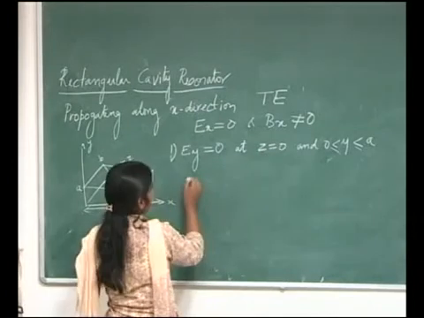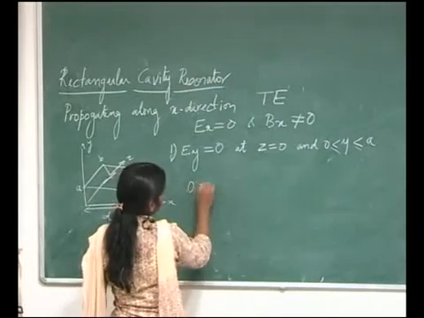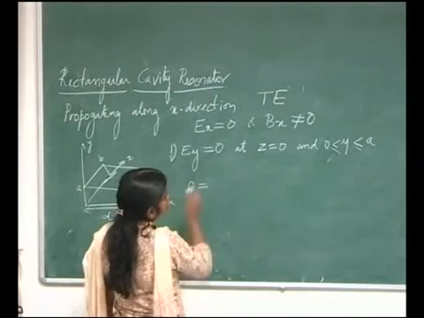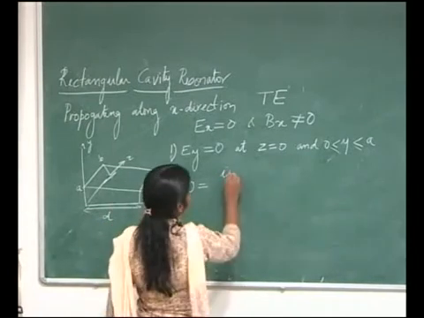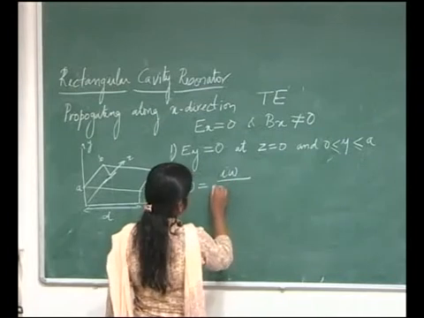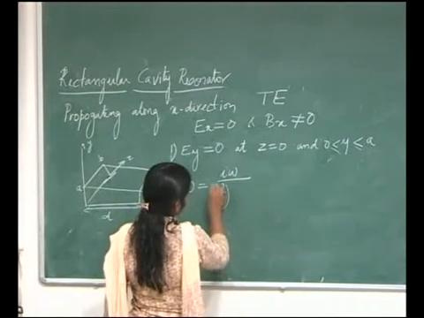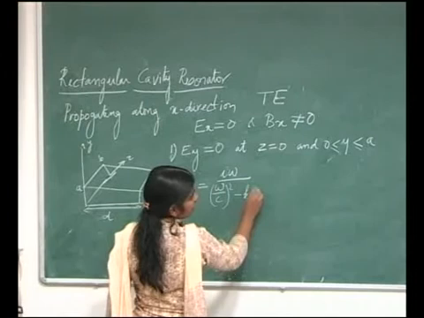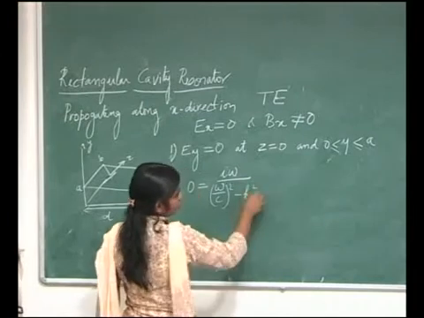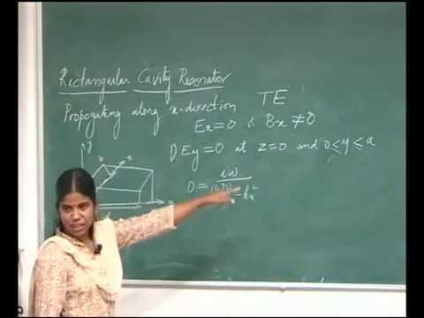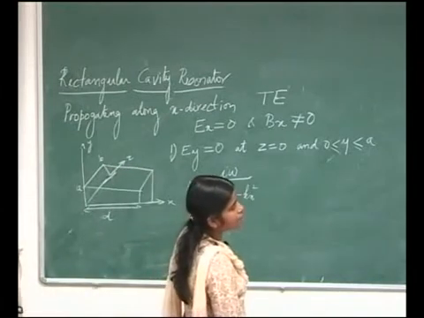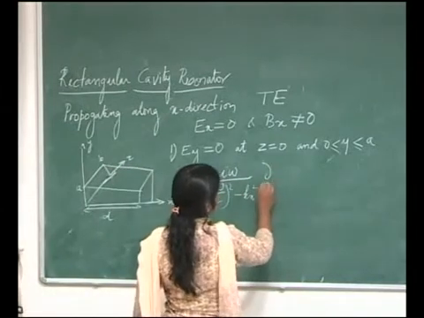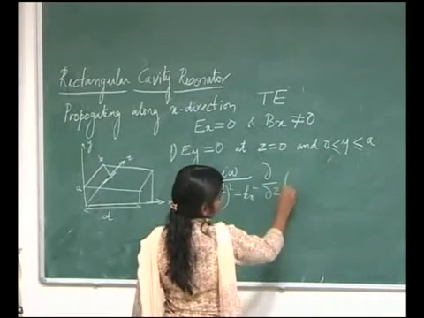So I will have 0 equal to i omega upon c square minus kx square. In this case it will be kx square, that was the general equation. And I will have del Bx by del z. And what is Bx?